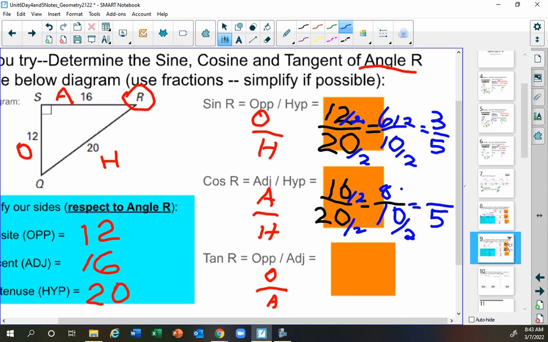And then what's 8 divided by 2? 4. So 4 over 5 is the same as 16 over 20. Now, some of us might have said 0.8. I would accept 0.8 as well. That's fine. Because there's going to be problems down the road where we're going to get decimals. There's going to be no choice. We can't fight it.